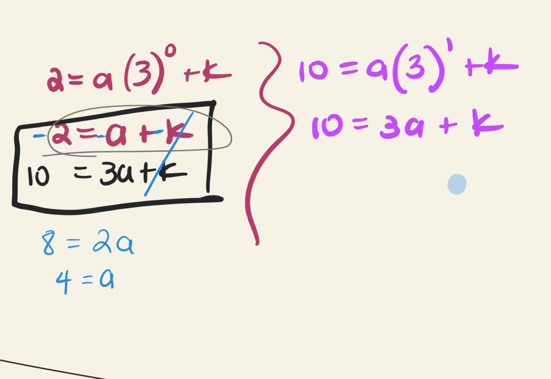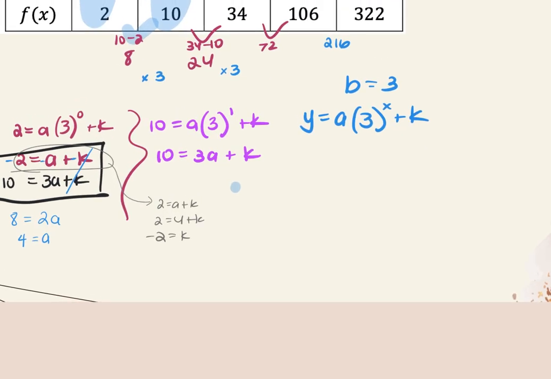I could grab this one because that was the easy one. 2 equals a plus k, 2 equals 4 plus k, and k equals negative 2. So I get y equals 4 times 3 to the x minus 2.